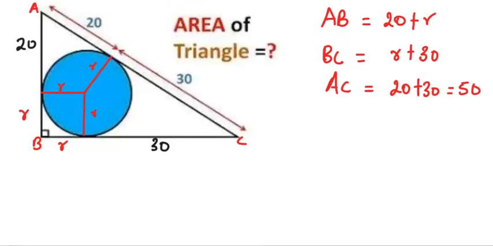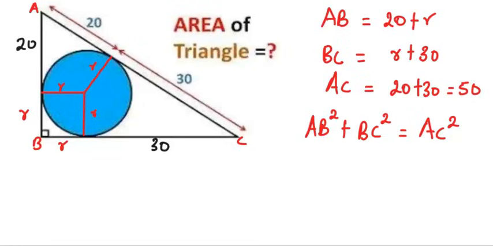Then we're going to use the Pythagoras theorem. Remember, our goal is to solve for the area of the triangle. Now, if you use the Pythagoras theorem here, you will observe that the length AB squared plus the length BC squared will be equal to the length AC squared.